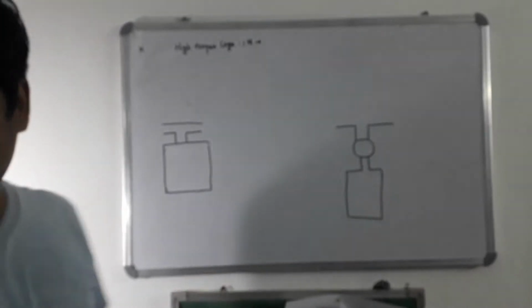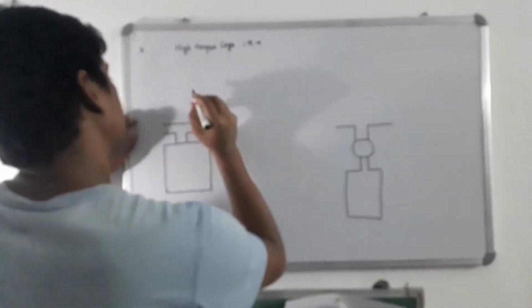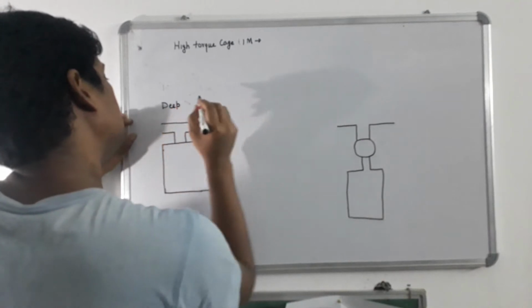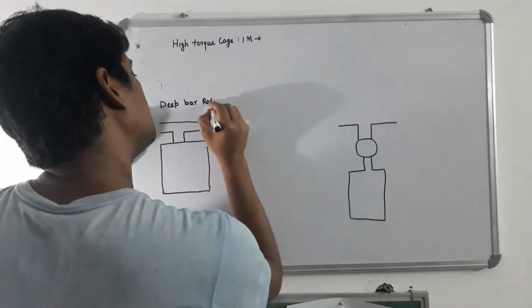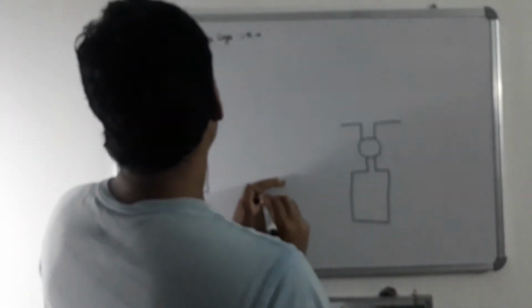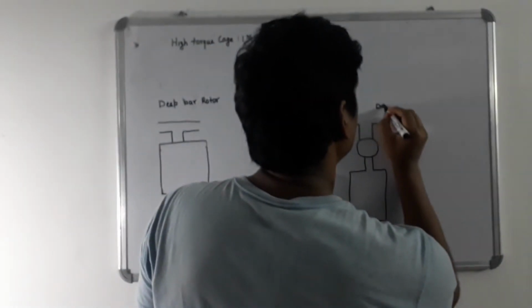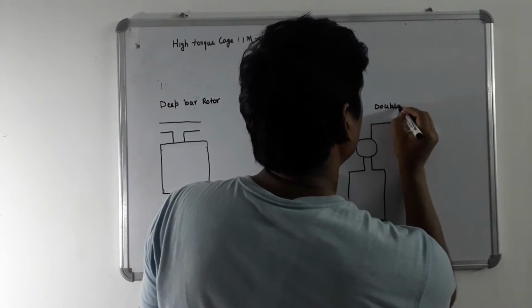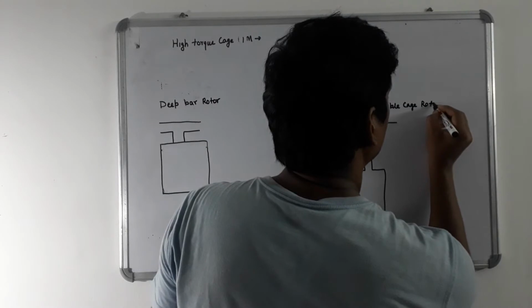First is the deep bar rotor, and second is the double cage rotor.